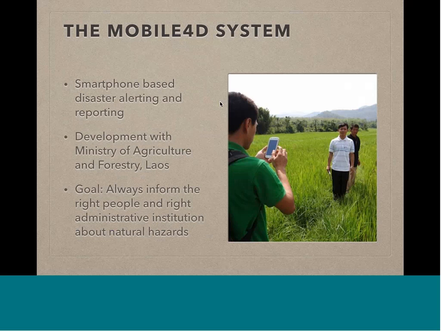I will concentrate on only the things that are important to understand what we understand about notifications and how this will integrate in the work we are doing. So Mobile 4D is a notification, alerting and reporting system, and a combined one.